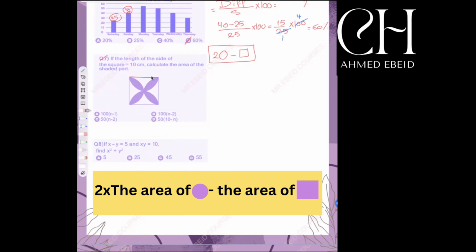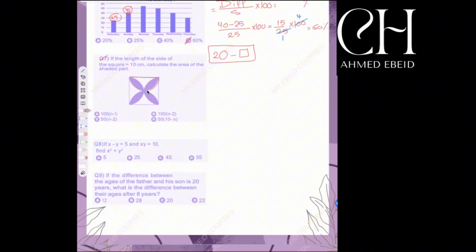We have the length of the square is 10, and this is a half circle, by the way, and its diameter is 10, so the radius is 5. To find the area of the circle, you know the formula is pi r squared. So it will be pi times 5 squared, which equals 25 pi.